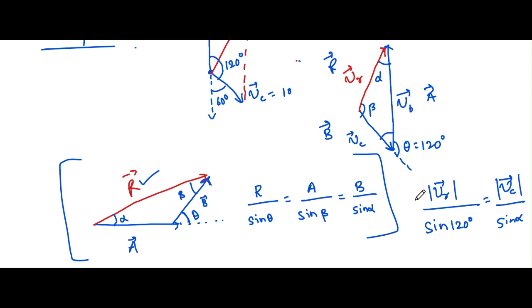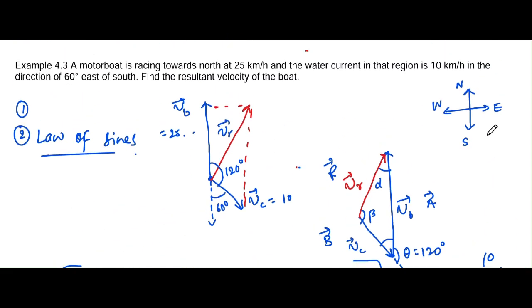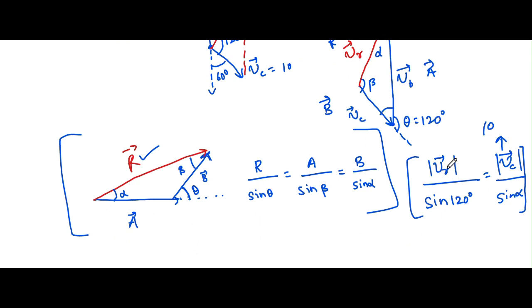And from here we can find sine alpha because we have the magnitude, which is 10 units, in kilometers per hour. We can calculate the resultant velocity by the law of cosine, and then calculate sine alpha, and from sine alpha we can calculate alpha.